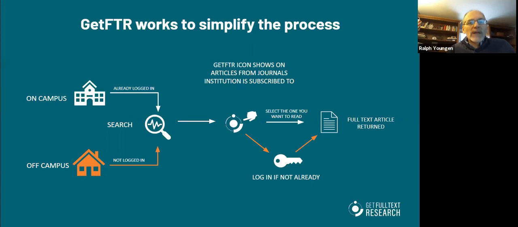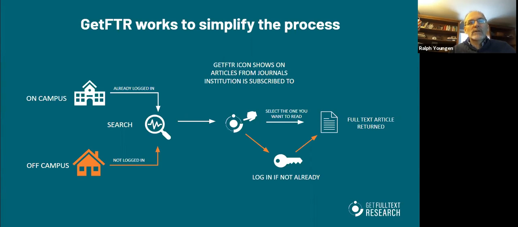If you are off campus or have not already previously logged into your campus infrastructure, it's the same kind of pattern. You do the search, you click on the GetFTR link, but here when you land on the publisher site, you don't have any means of authenticating your institutional affiliation. And so you're going to be routed through your institutional login page. Again, that's the login screen that, if you are affiliated with an institution, you probably see every single day.